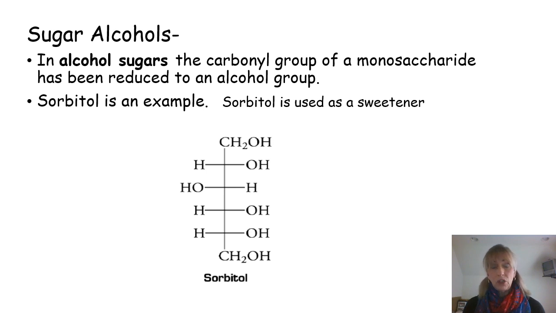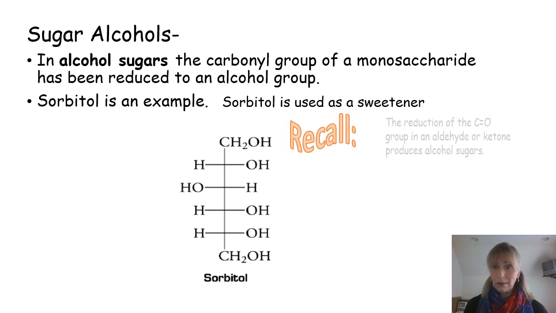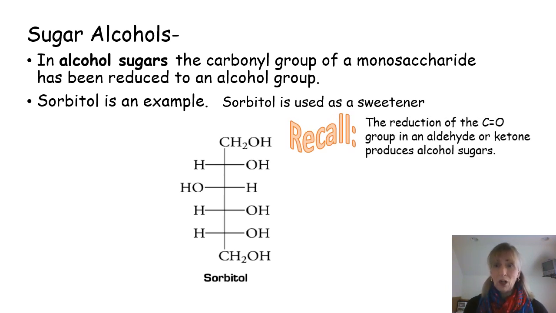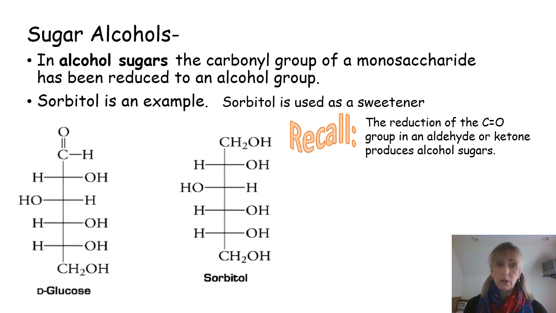Now, back in our chapter on aldehydes and ketones and alcohols, we learned that we could start with a carbonyl, right? A carbonyl compound can be reduced, right? And when it's reduced, we produce an alcohol. So the reduction of a carbonyl group in an aldehyde or ketone is what produces alcohol sugars or sugar alcohols.